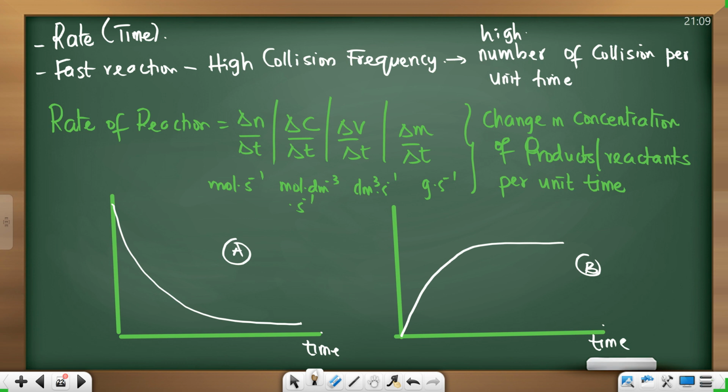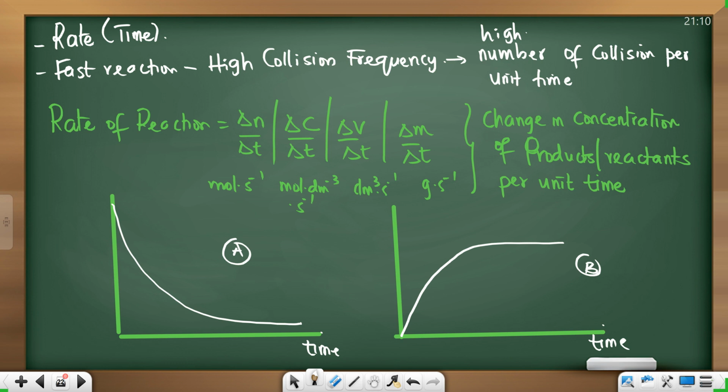It becomes constant at a certain point. Am I right? Yes, but that's not the answer I'm actually gunning for.